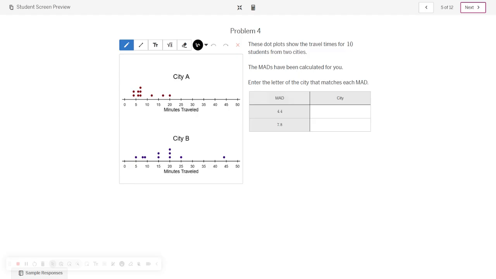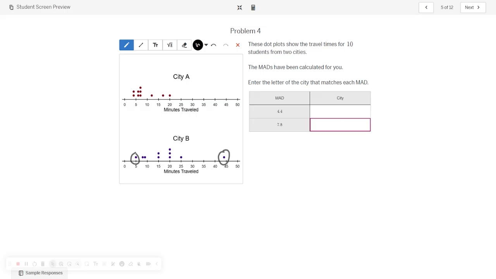City A and City B, it says the MADs have been calculated for you. The MAD is 4.4. You're looking for a tighter grouping, whereas the other city's going to be spread out more. Well, because you've got this 1 point way out here, that's definitely more spread out.